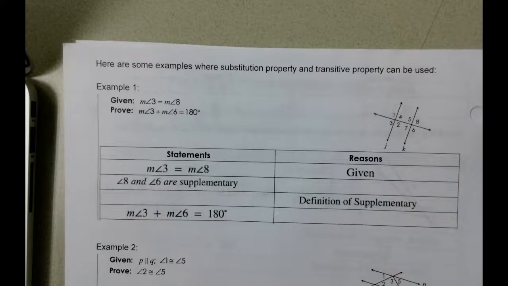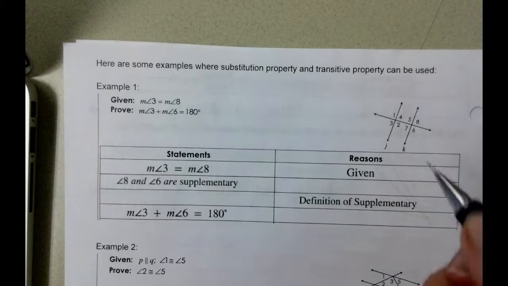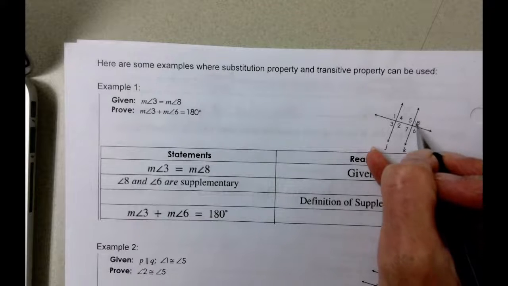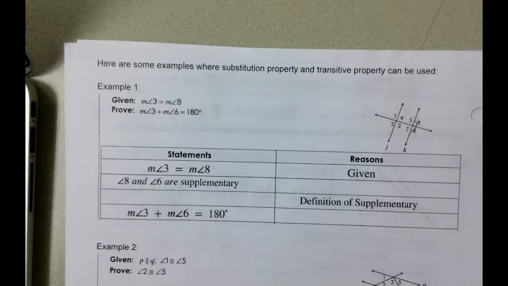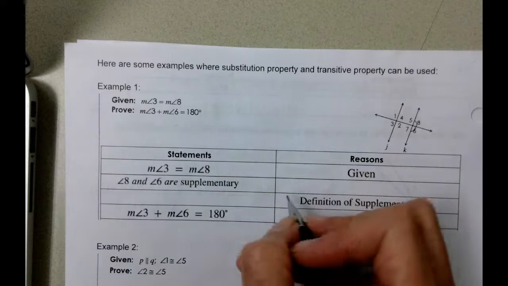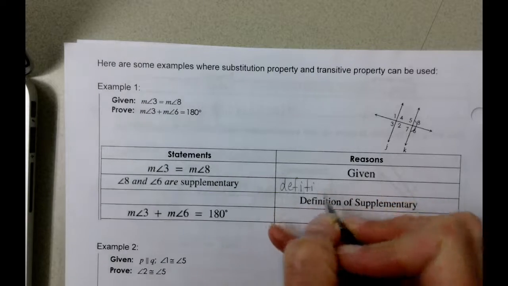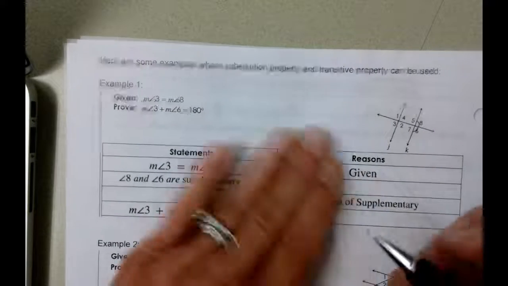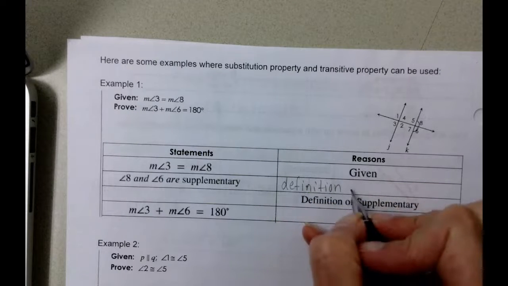So what we're given here on this first problem is that the measure of angle 3 equals the measure of angle 8, and then some other information that we're given. We're given that angle 8 and angle 6 are supplementary. And we need to fill in that reason, and it's the definition of supplementary.